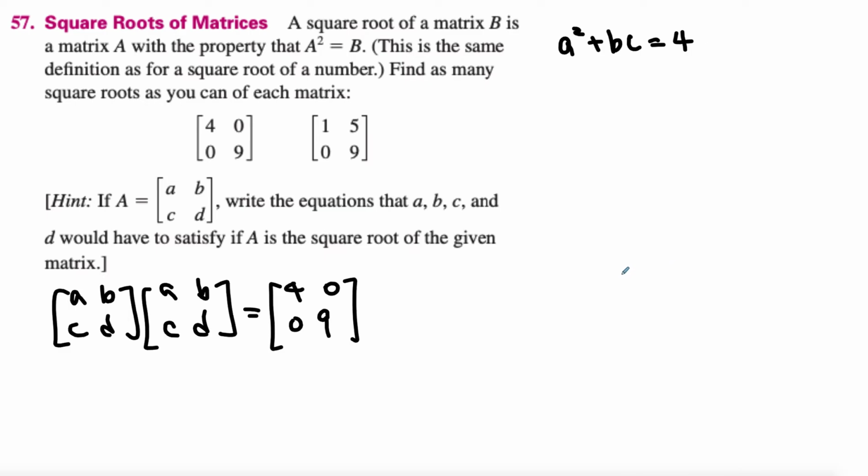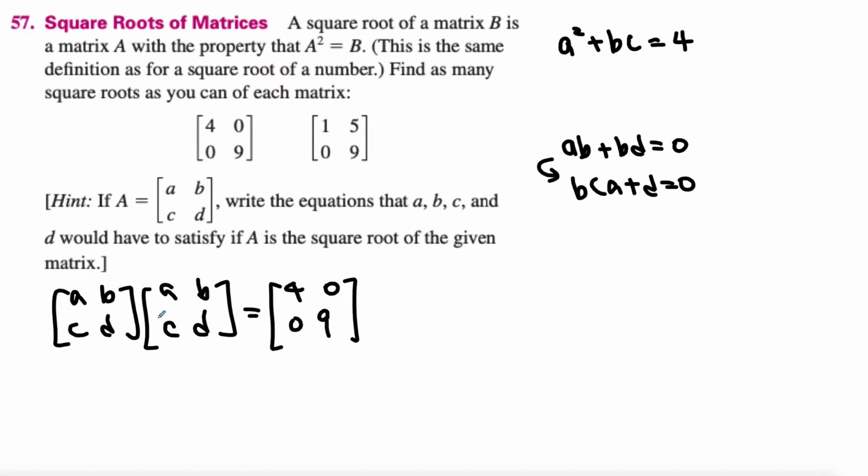Now, second, row 1 multiplied by column 2: AB plus BD is equal to 0. In other words, B times (A plus D) has to be equal to 0. That's the second equation.